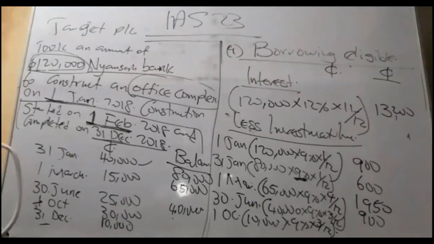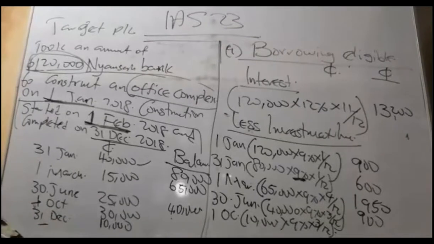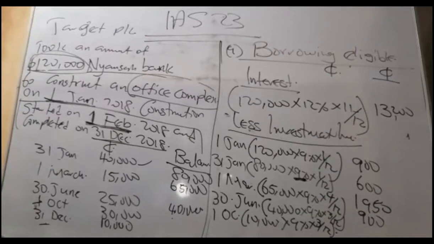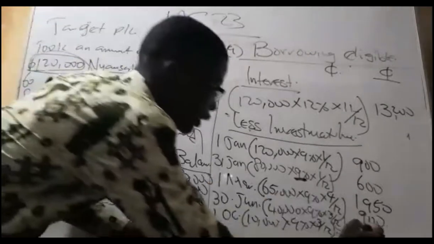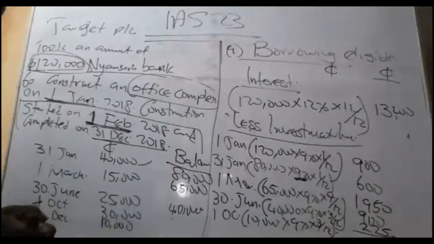That will give us 225. Okay, this one times 1,000, that's why it's 225. So 225. You put all of them together.